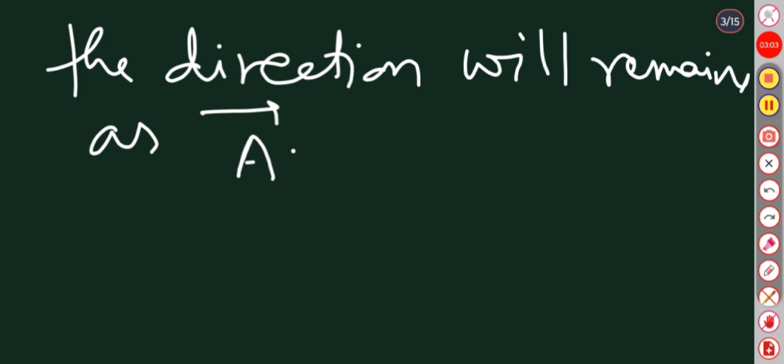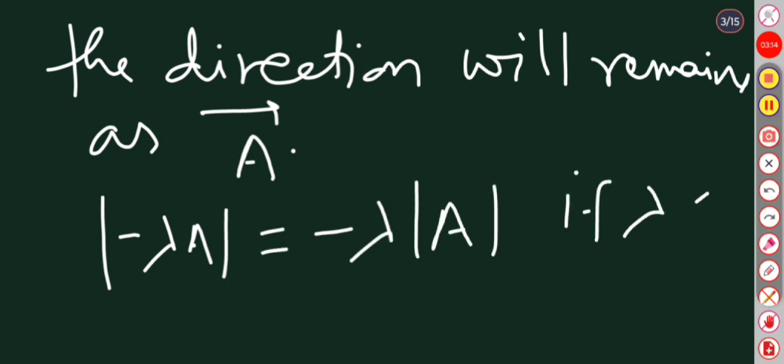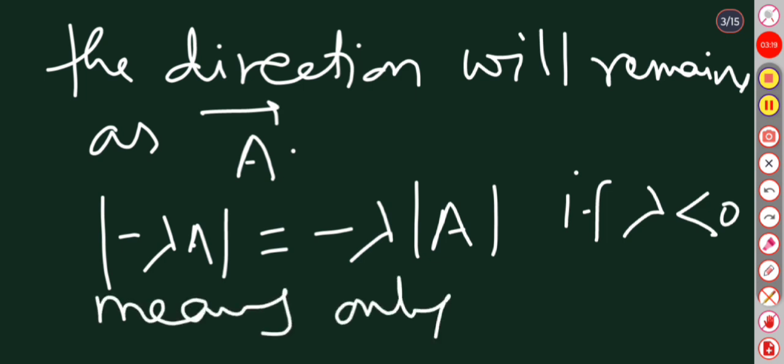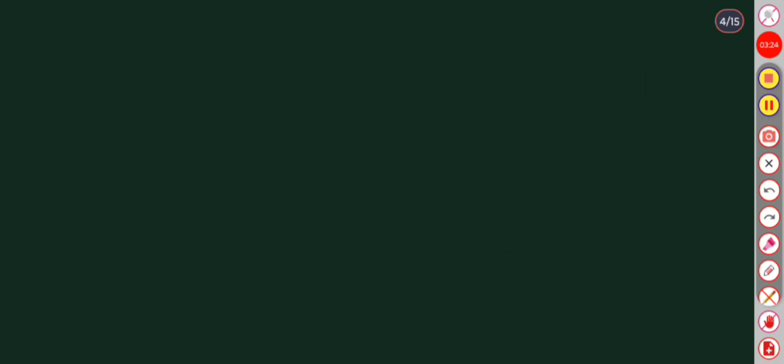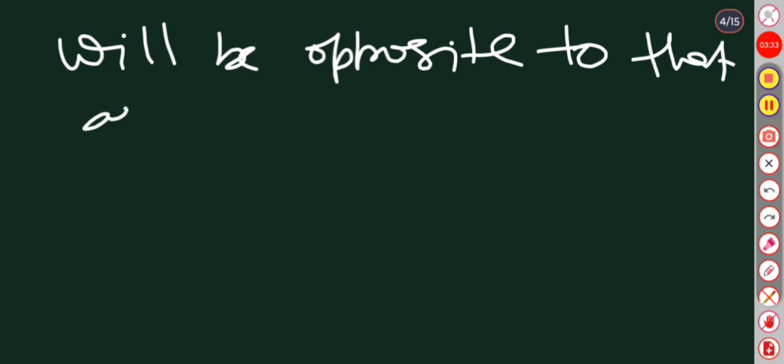Now if we take minus lambda a, that is minus lambda times vector a, if lambda is less than 0, then only the direction will be opposite to that of vector a.